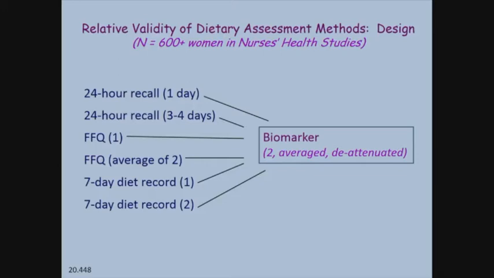Here, 1 day or 3 or 4 days, 1 or an average of 2 weeks. And the biomarkers themselves all have their errors as well. So what's really useful here is the relative correlation, not the absolute correlation with the biomarkers. But basically the point is that the method with the highest correlation with the biomarkers should be providing the most valid information.